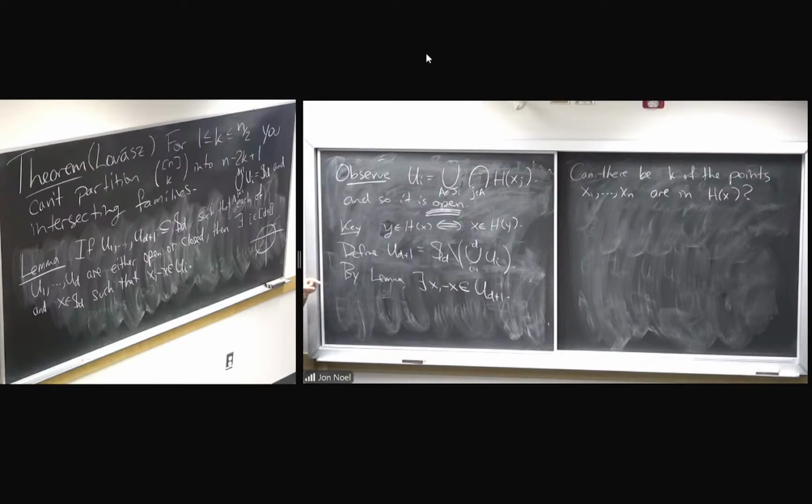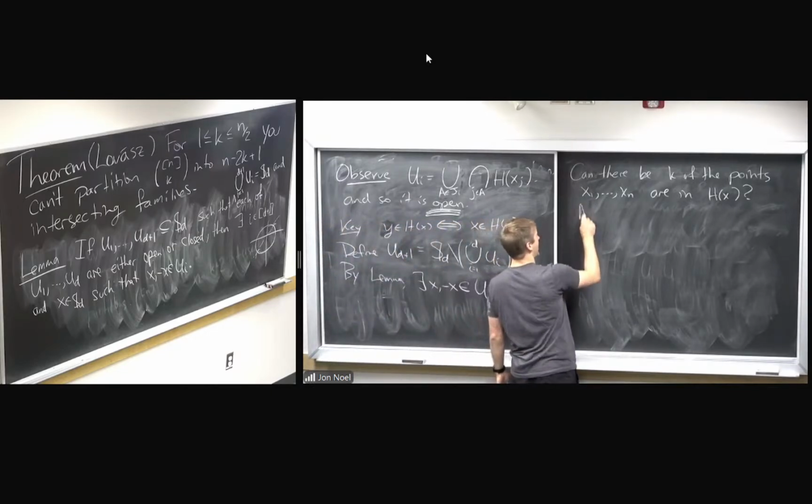Well, that set of k points must correspond to one of the sets A, a set A of size k. But that A must be in one of the Fi because the Fi cover n choose k. So I guess the answer is no.